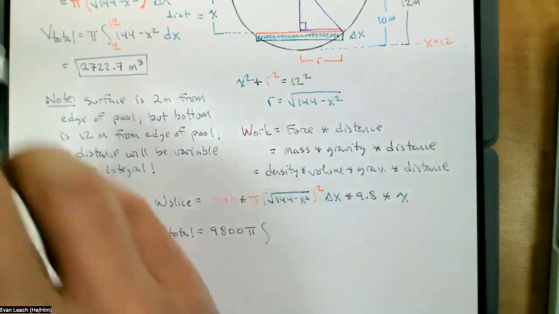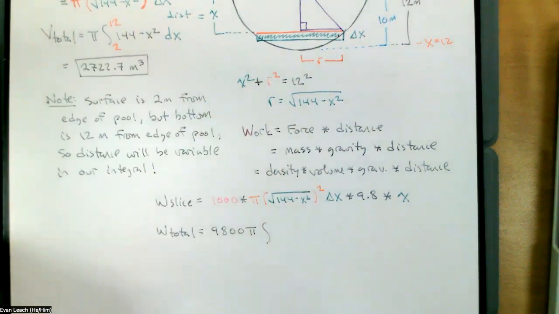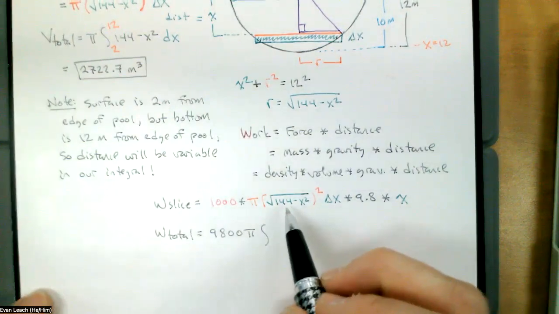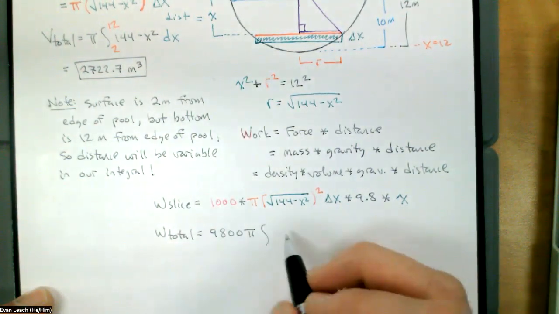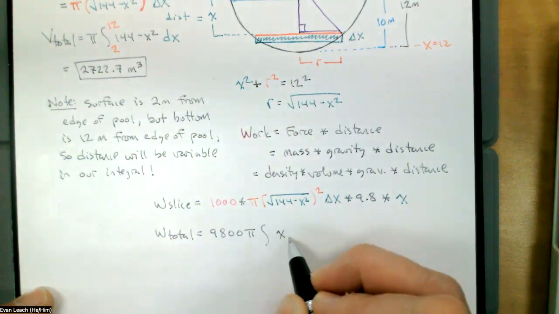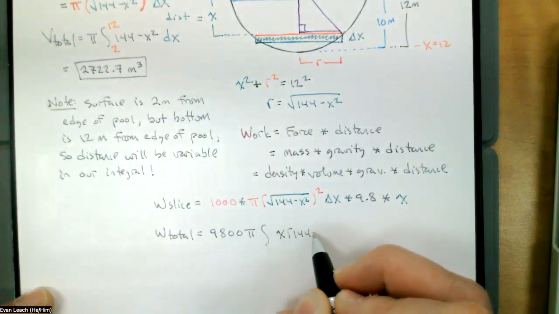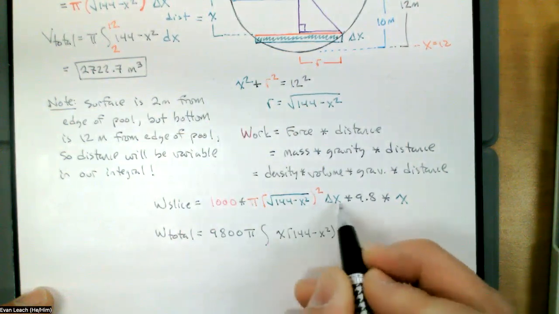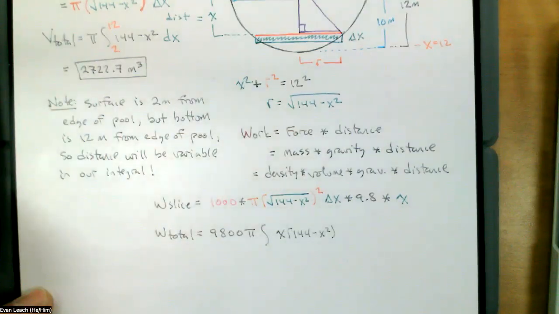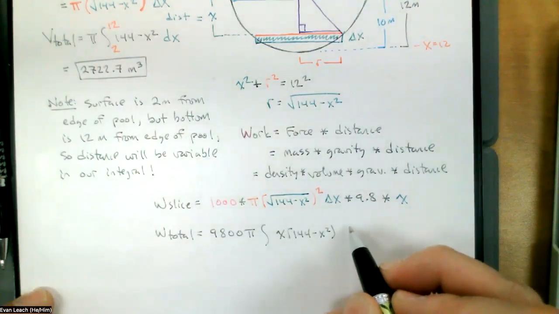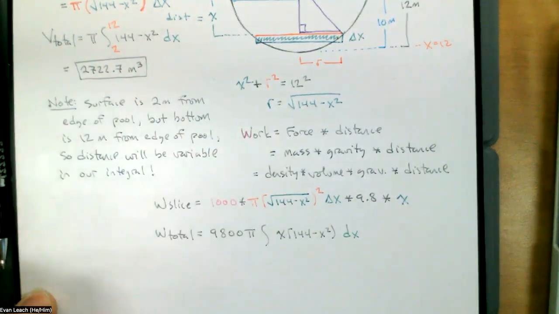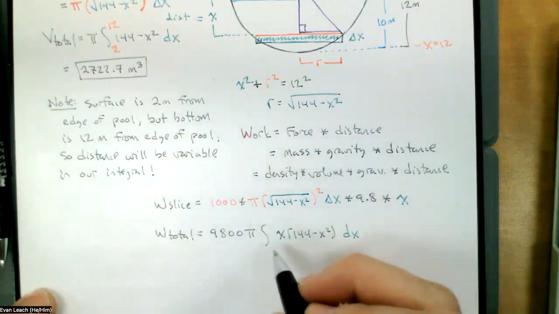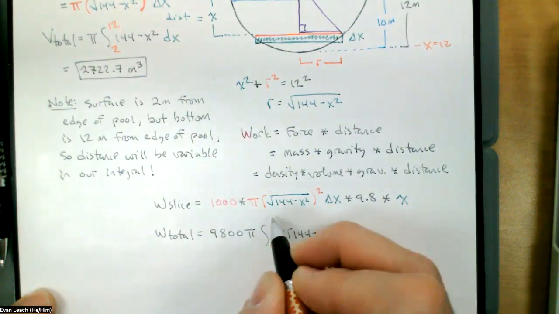I'm going to simplify my expression. This square root of stuff squared is just stuff, and it's multiplied by x. So I have a factor of x, and then the 144 minus x squared. Our discrete delta x becomes the continuous dx. And we only want to integrate where there is water, and there is water from x equals 2 to x equals 12.